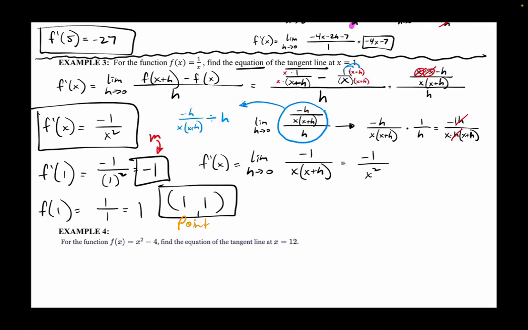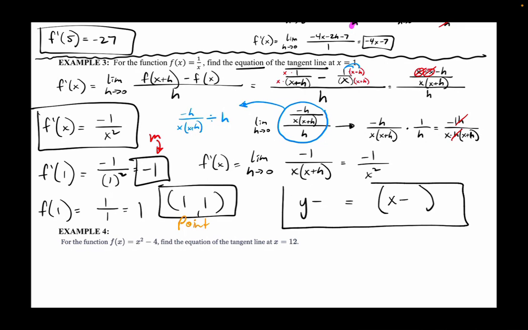Makes sense to use point slope. So point slope is y minus y1 equals slope times x minus x1. x1 and y1 are the point, right? What did we say the point was? 1 comma 1.